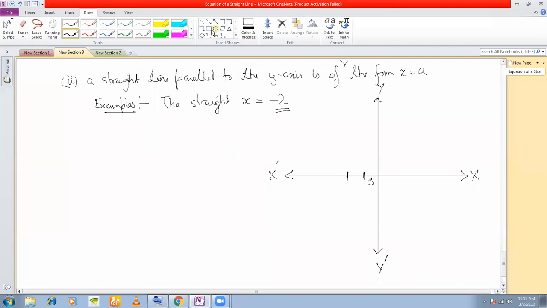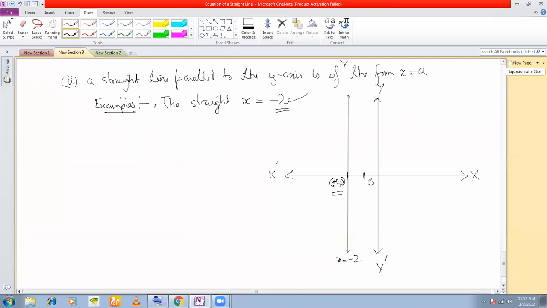And then we draw a straight line which is parallel to the y-axis. This is the straight line which is parallel to the y-axis. See that this straight line passes through the point minus 2, 0, right? Because its equation is x is equal to minus 2, it passes through the point minus 2, 0.